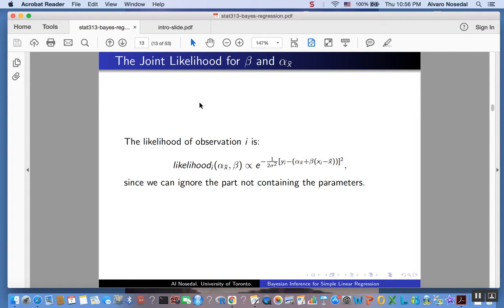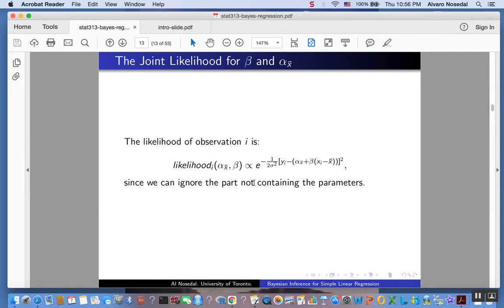So, in another video, we already talked about the likelihood of a single observation and of a sample of size n from the simple linear regression model, or to be more specific, the alternative simple linear regression model. And it looks like this, right? So this is the likelihood for a single observation.